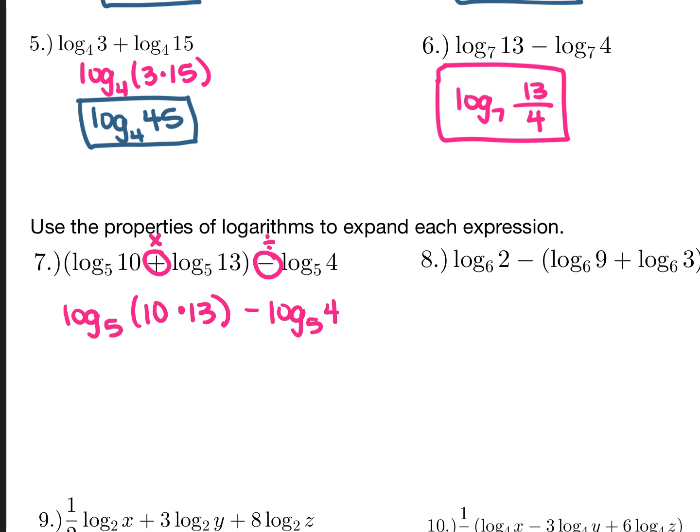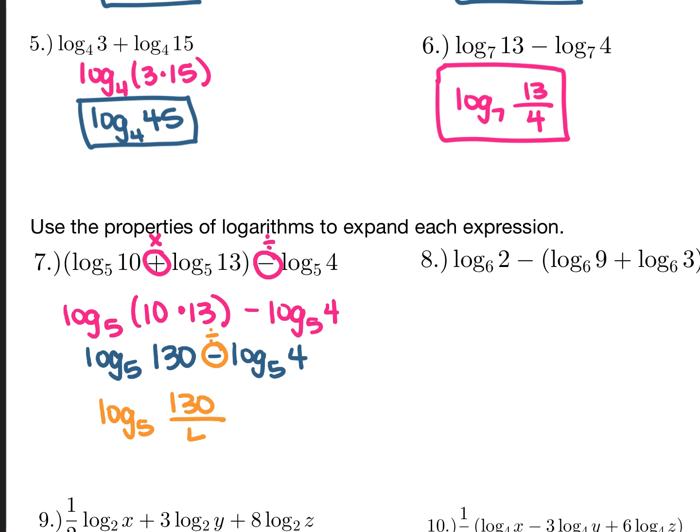Your 10 times 13 gives you 130. So that's going to be log 5 of 130 minus log 5 of 4. You are now going to use division to represent the subtraction. So that's going to give you log 5 of 130 over 4.